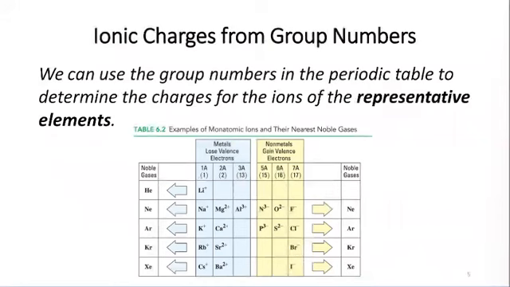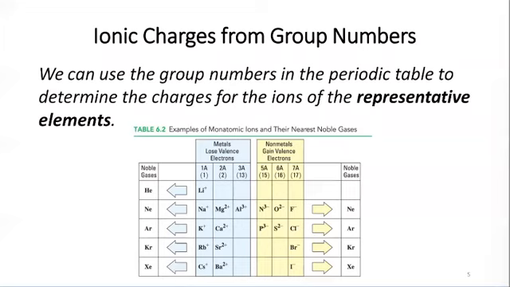Excellent. Since there are no questions, let's see how the periodic table actually helps us illustrate how these elements are going to become those noble gases that are next to them.